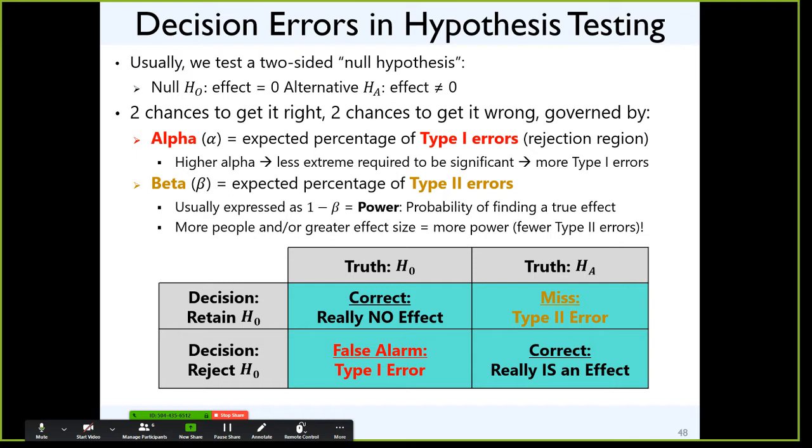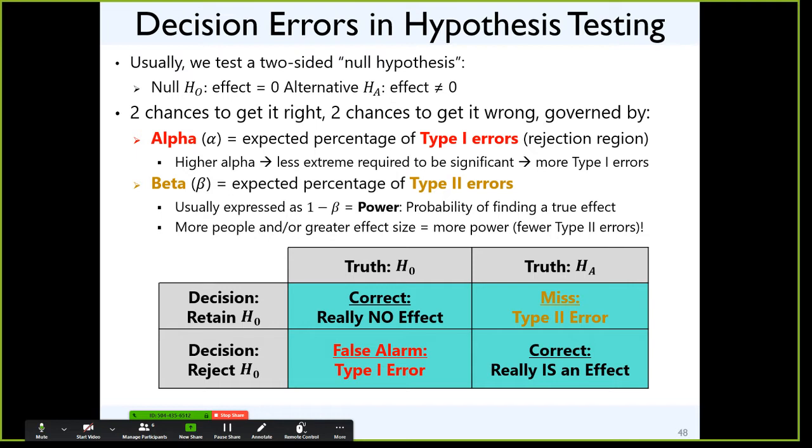So in social sciences, we tend to be more concerned about making this type of error. A type 1 error is a false alarm. We thought we had something, but we don't. The other kind of error is type 2 error, which is represented as beta instead of alpha, and that is a miss. That is, you had something, but you didn't find it.